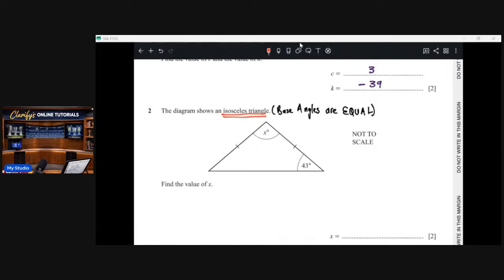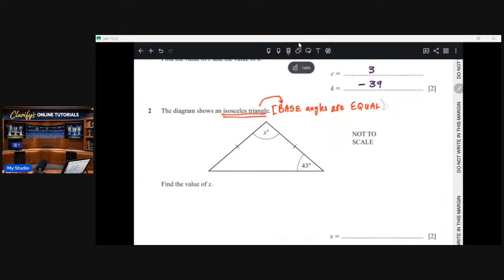They expect you to know that the base angles are equal. Everybody, can you write this, and you should know it from today onwards and forever. For an isosceles triangle, what you must always remember is that base angles are equal.